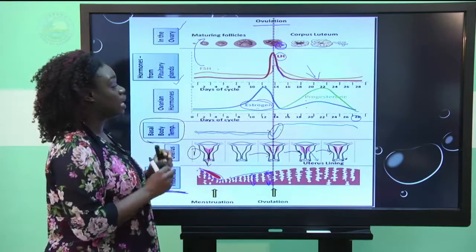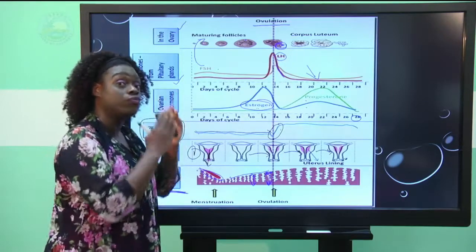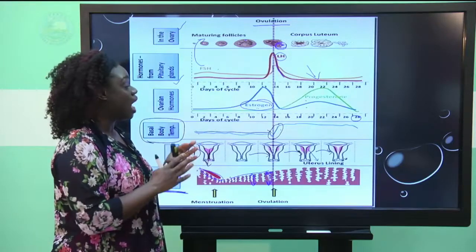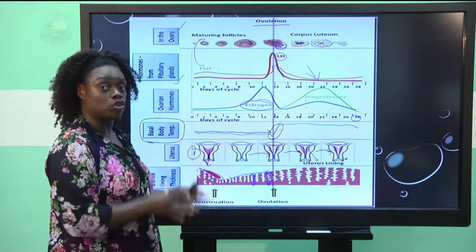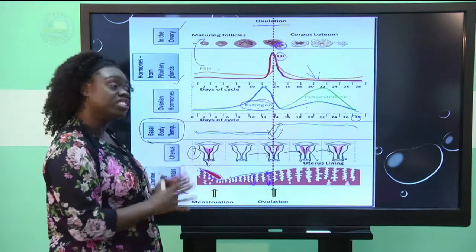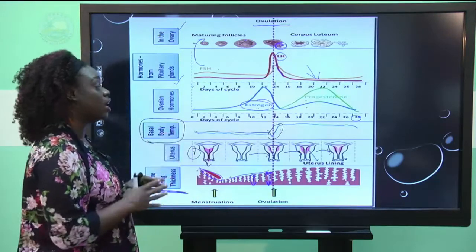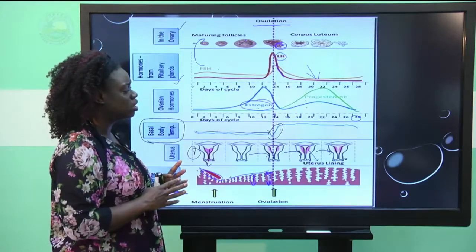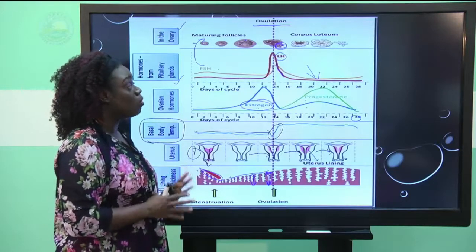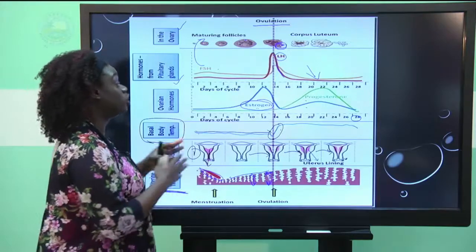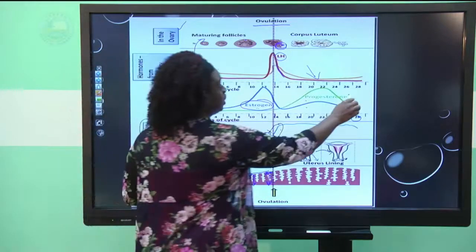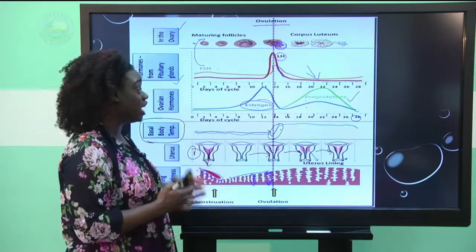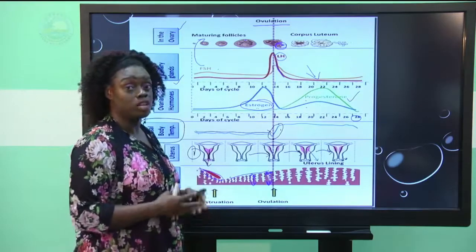So if your progesterone levels fall, then the lining is no longer going to be maintained, and you're going to have a period, you're going to have shedding of all the tissues inside of the uterus. So it stands to reason that if a woman is pregnant, then her progesterone levels are supposed to be relatively high to maintain that environment for the developing fetus.